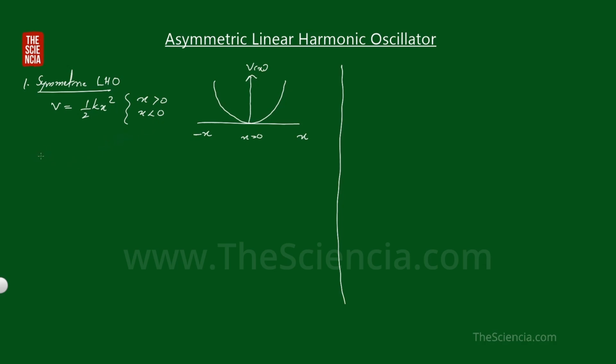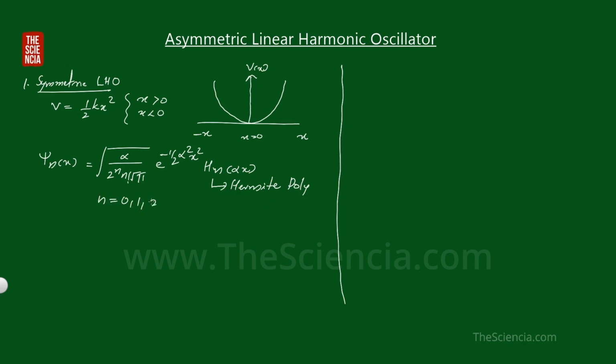And we got the corresponding wave function, psi n of x equal to root of alpha by 2 raised to n factorial root pi, e raised to minus half alpha square x square, H n of alpha x, where H n is the Hermite polynomial. And n can have values 0, 1, 2, etc.